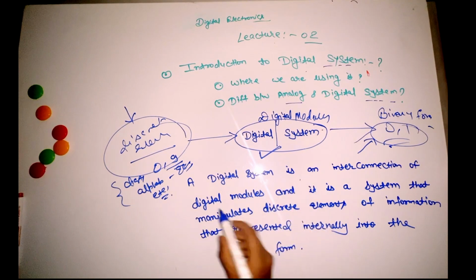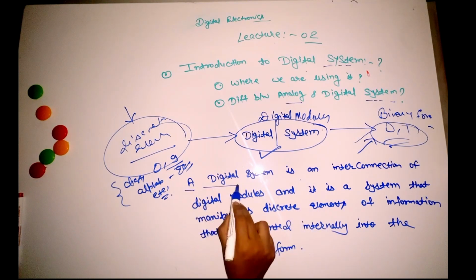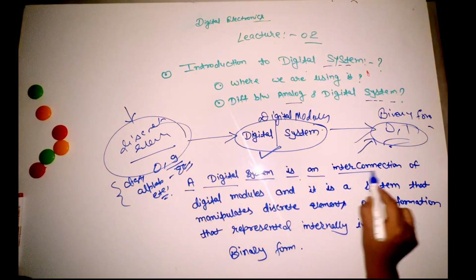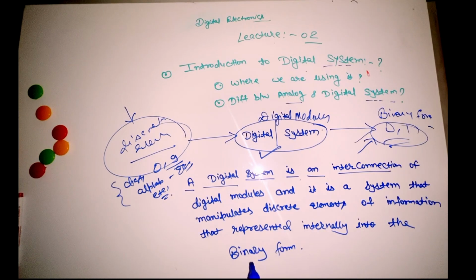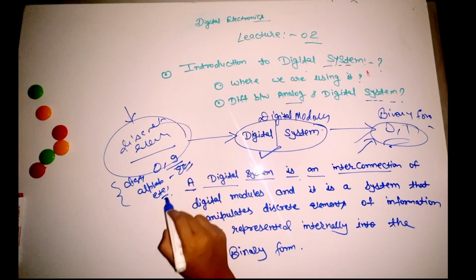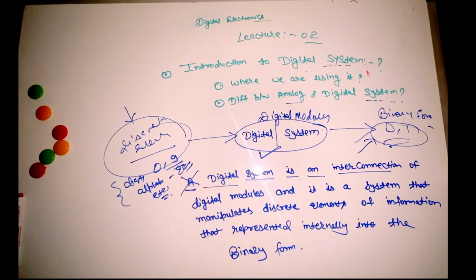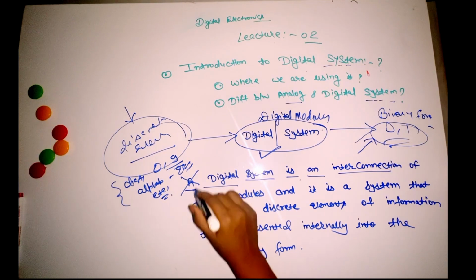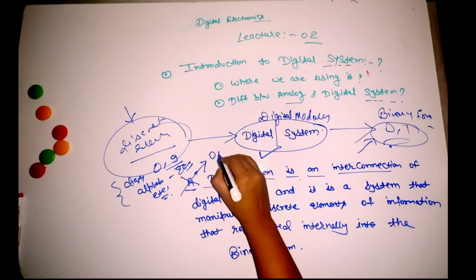What we are reading, like we can read, a digital system is an interconnection. A human can read this, but a computer can't read it. Understand? We have to convert this into 0-1 form.